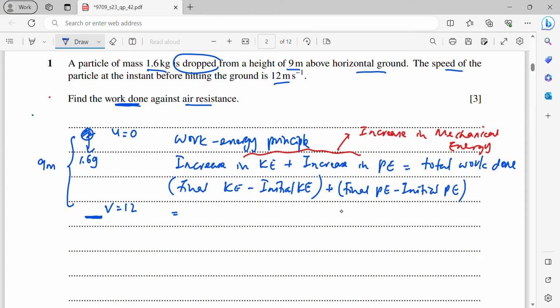We don't have the work done to speed up the particle, so I will write that as 0, minus the work done to slow down the particle, which is the work done against the air resistance.